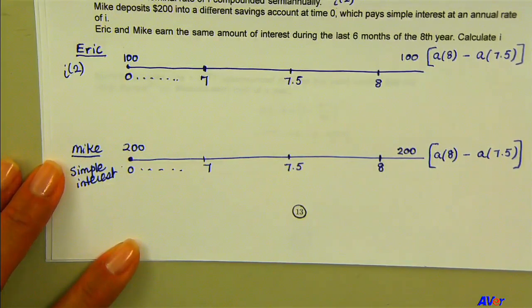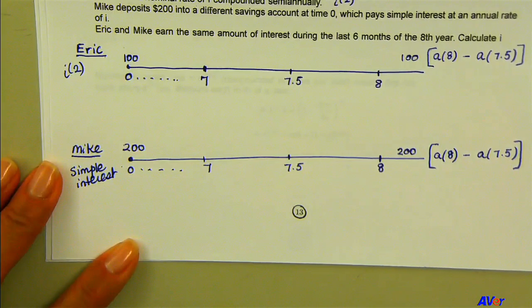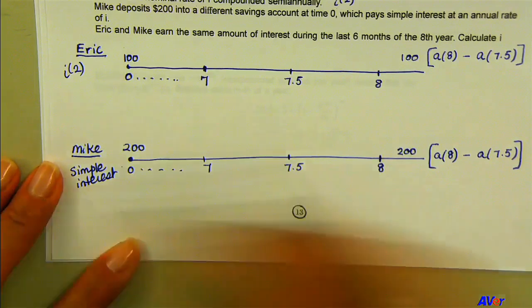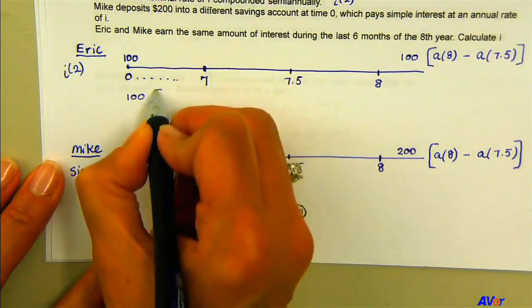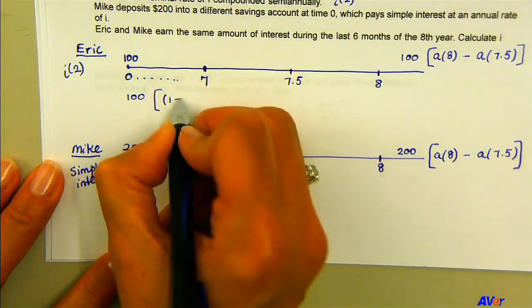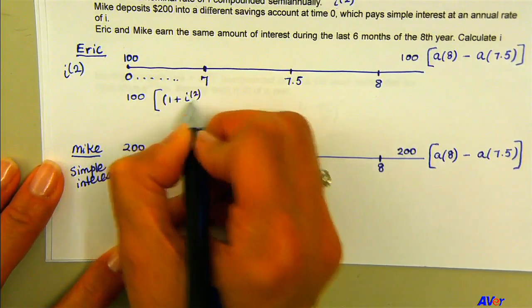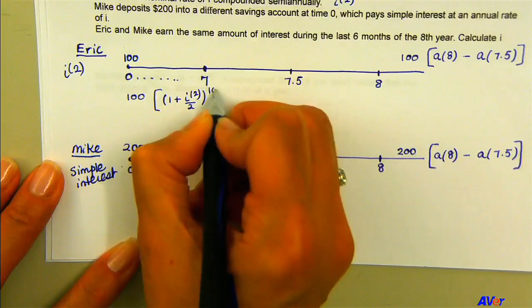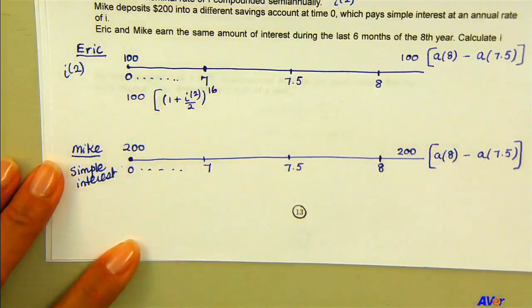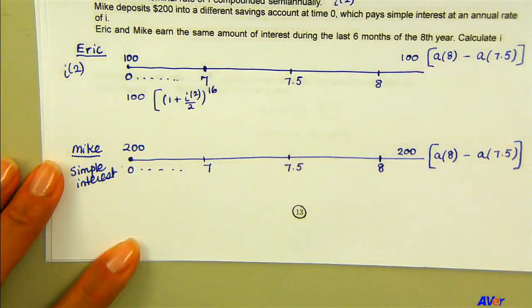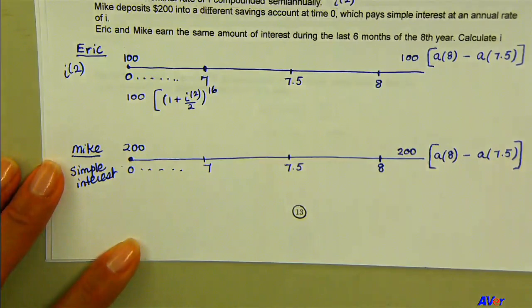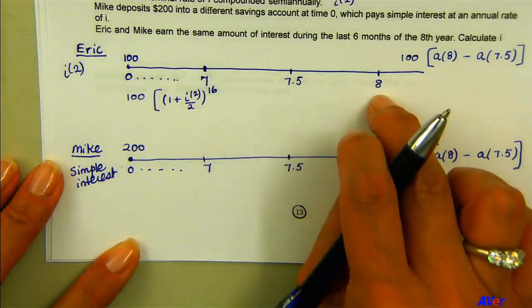Mind you, his rate is a nominal rate convertible twice a year. Can I do this? 100 times (1 plus i2 over 2) to the 16th power. I say 16th power because there are 16 6-month periods between here and here, right?